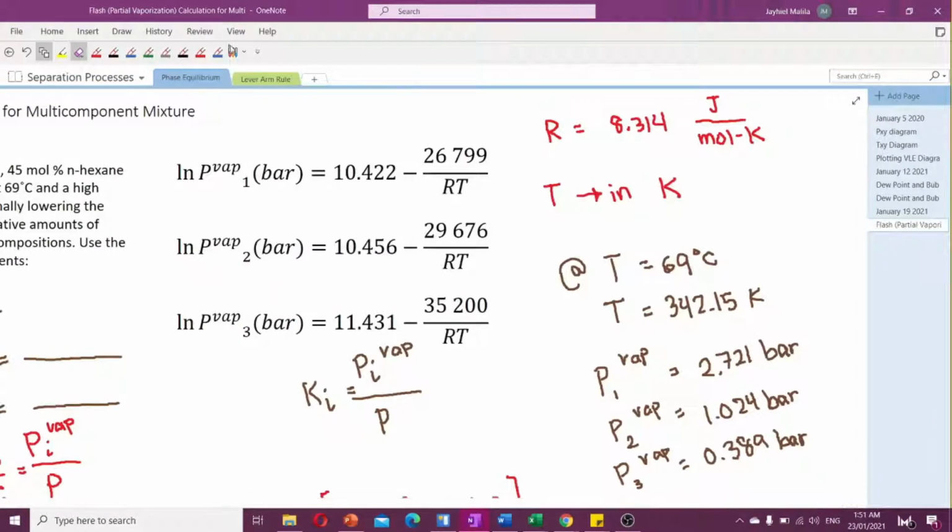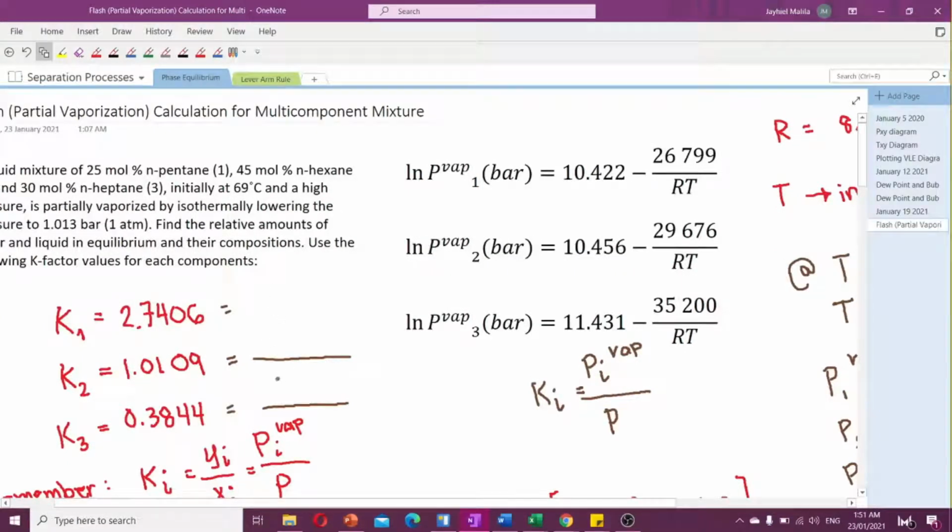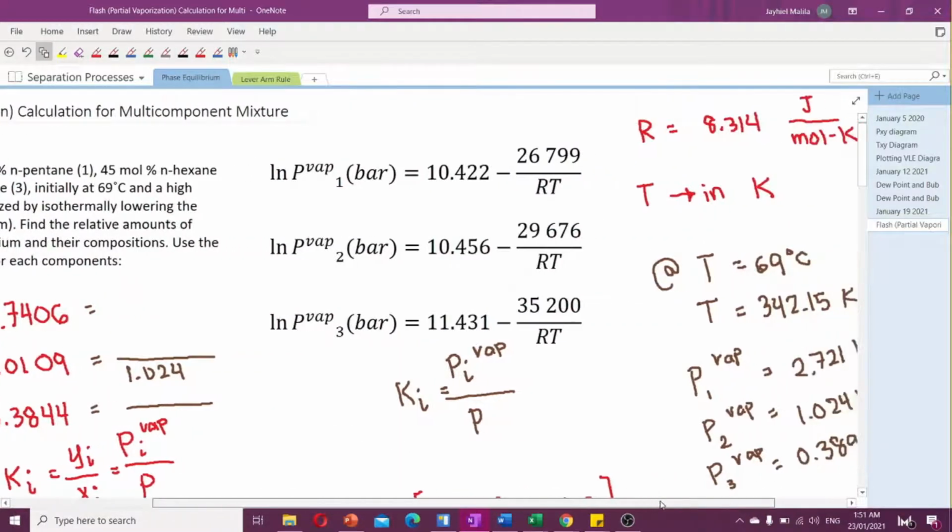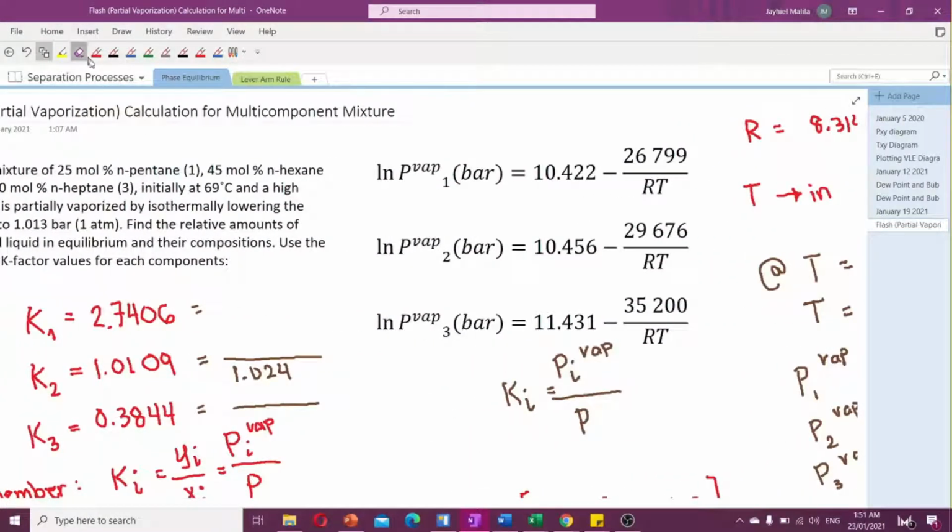Okay, we have here 1.024 over 1.013. I think there's something wrong with the values.